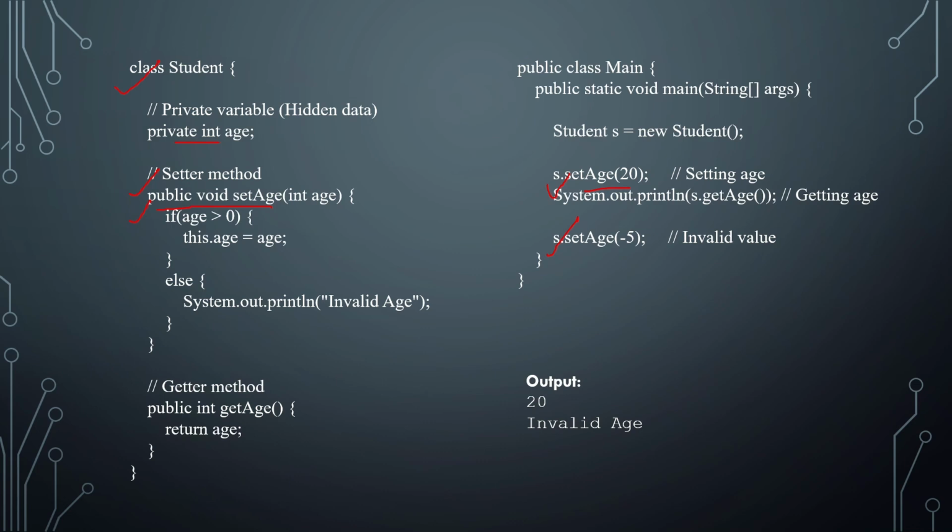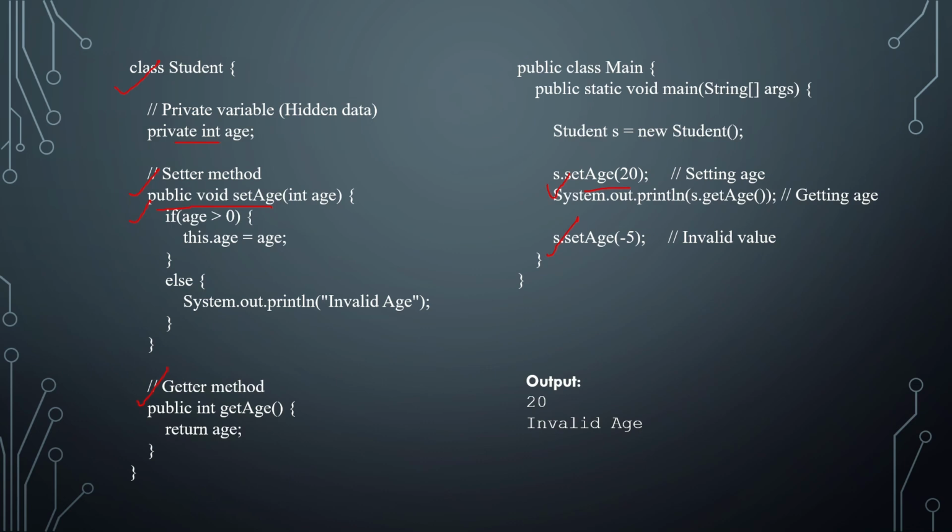Now let's understand the getter method here. Public int getAge is a getter method. In simple words, getter means getting the data. Here we wrote s.setAge and s.getAge. After writing that, when Java sees this, it goes to the getAge method.